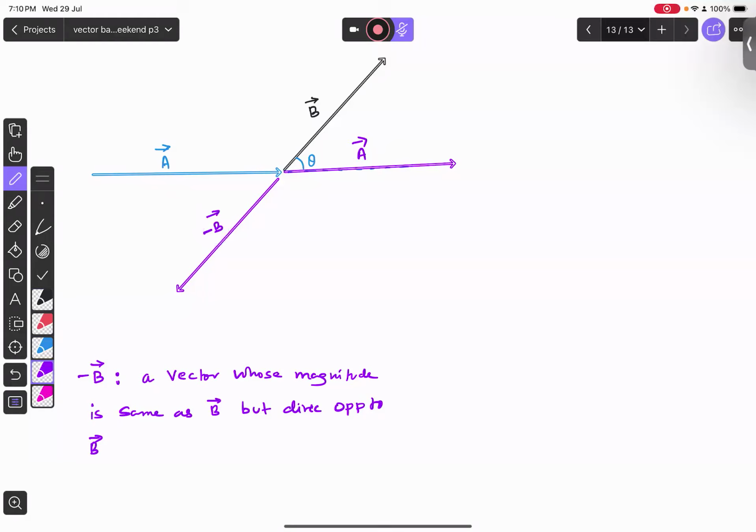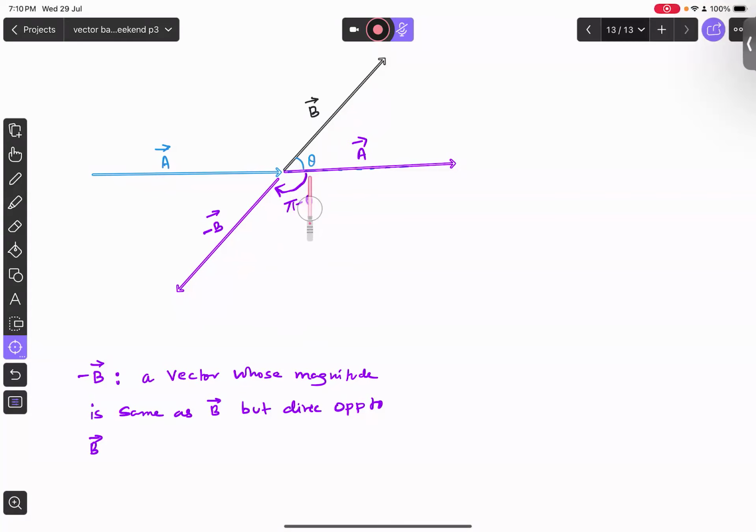So you can check the angle between A and minus B. It's going to be this one. And that angle is pi minus theta. Since what I have done is this black arrow B and this arrow of minus B are drawn on the same line. So that angle, we call it theta.